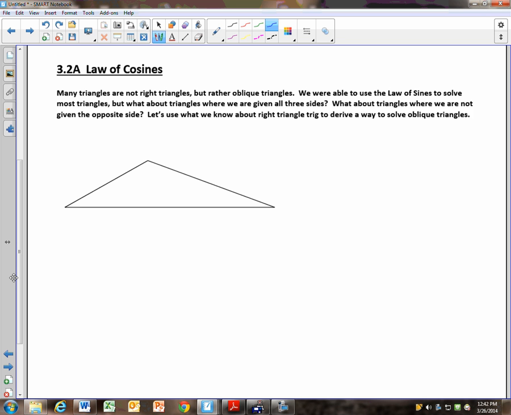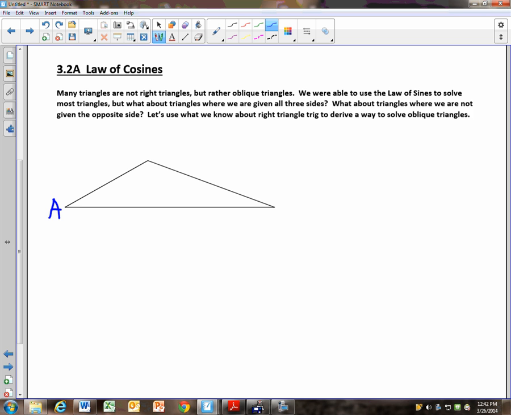Because the law of sines requires that you are given an angle and its opposite side. What if you're not given an opposite side? What do you do? So let's use what we know about right triangle trig to derive a way to solve some of these oblique triangles.